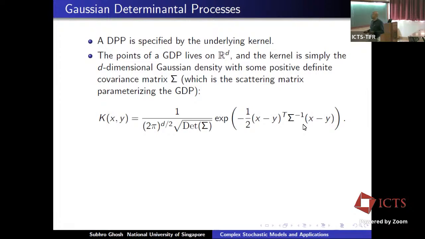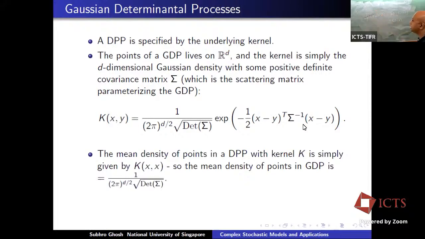So let us do some quick checks. What is the mean density of points? The average density of points is the probability at the point x, the probability that x belongs to the DPP, or the probability density, and if you just blindly use the determinantal formula, it's just the determinant of K(x,x), and this is a single number, so it's really just K(x,x).